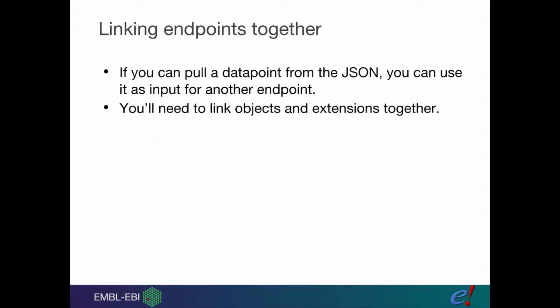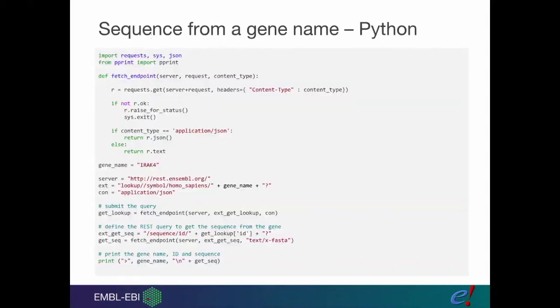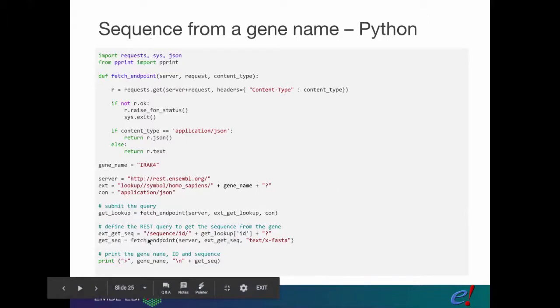And you can link objects and extensions together. So here's another example where we run our first query, where we're doing a lookup of a gene name, and here's our gene name. And as a result of that, we use the ID from the get lookup, and we put that into another query, the get sequence, and we print out the sequence.